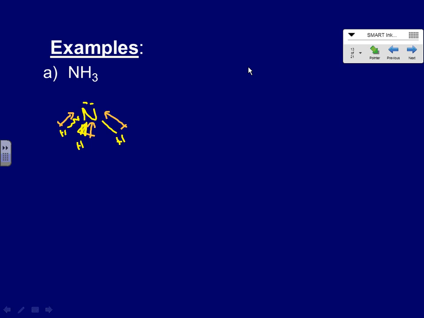And this is not symmetrical. If we take away that bond on my CH4, all of them are slightly pointing up. They'll cancel each other away if we look at it straight on, but if we look at it on the edge, they're all slightly pointing up.